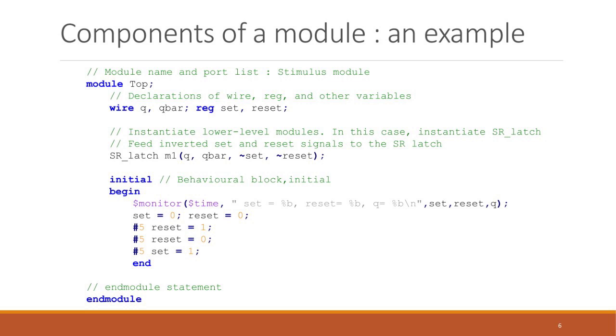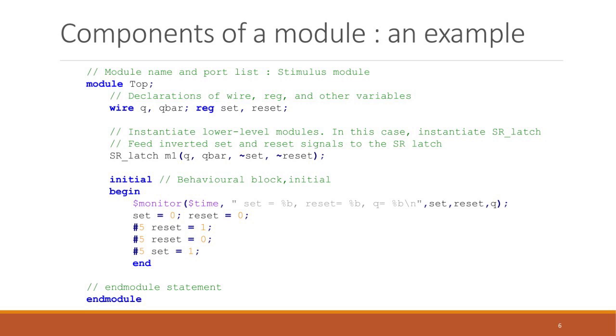Then we create an instance of an SR latch module to be tested. With this, we can test its functionality by stimulating different input conditions. Then we have to connect the input output variables we declared above to the SR latch we just instantiated.